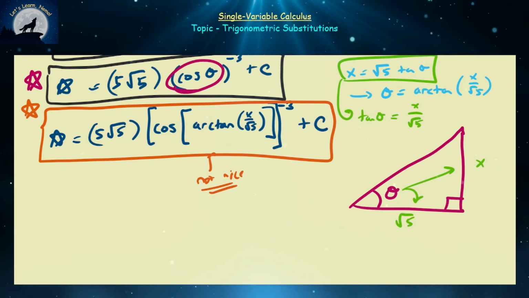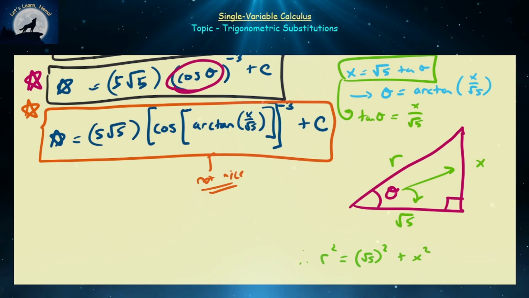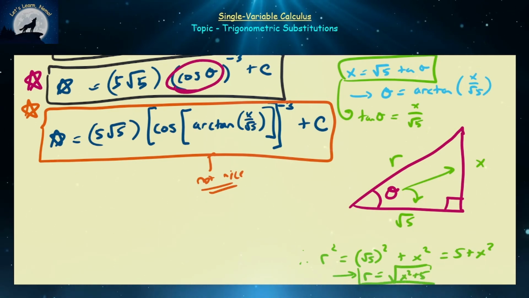So what would that hypotenuse be? So that would obviously come from the Pythagorean theorem, so I'm going to call that hypotenuse r. So r squared is equal to a squared plus b squared. So that's going to be 5 plus x squared. So that means r is going to be equal to the square root of x squared plus 5. Right, so that's going to be our r value.